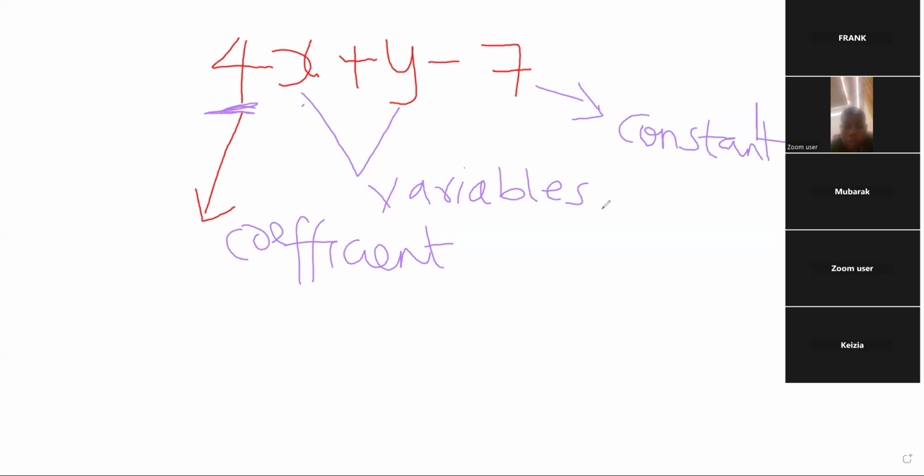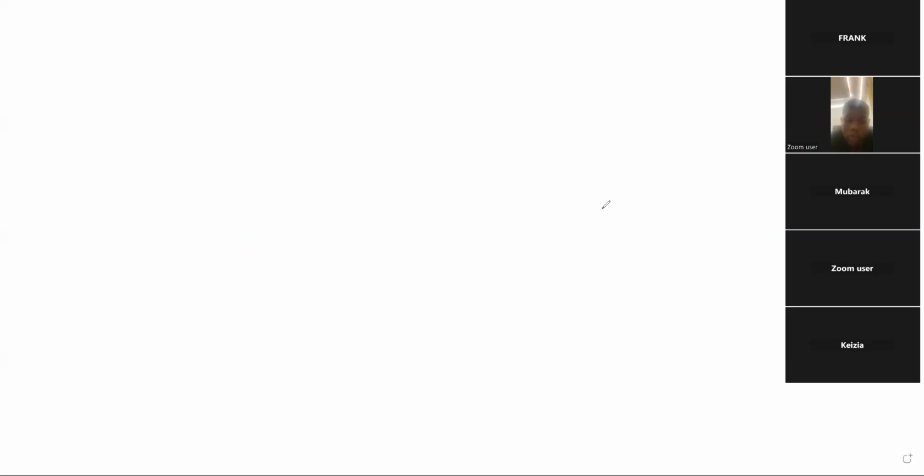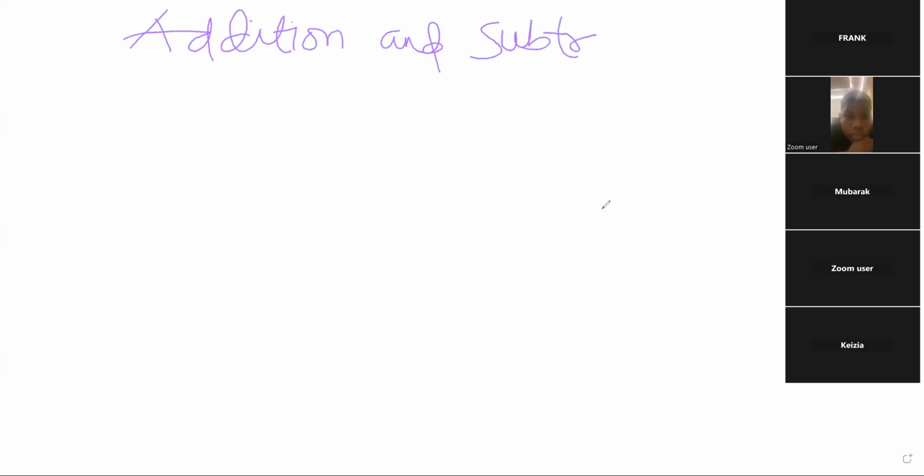So now that we understand this, the next thing we are going to look at is operations on algebraic expressions, which has to do with addition and subtraction of algebraic expressions.